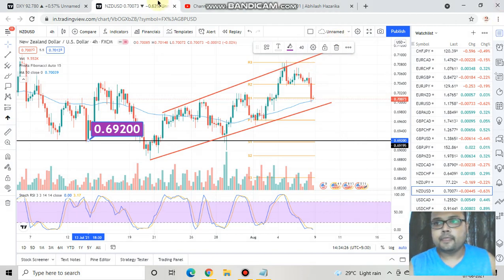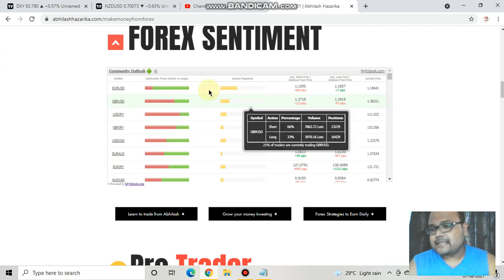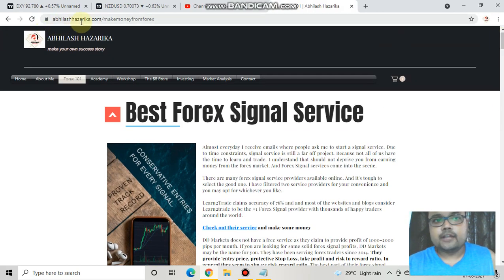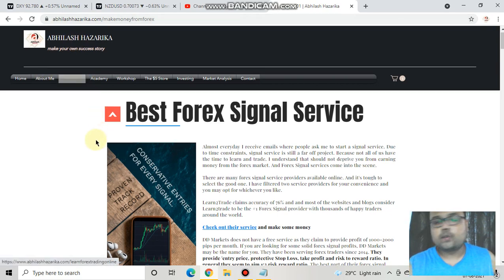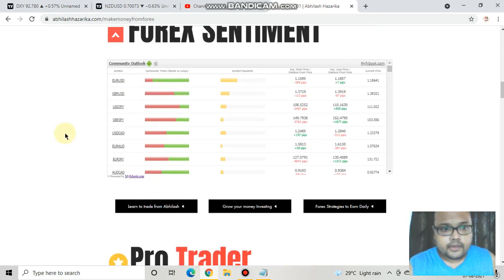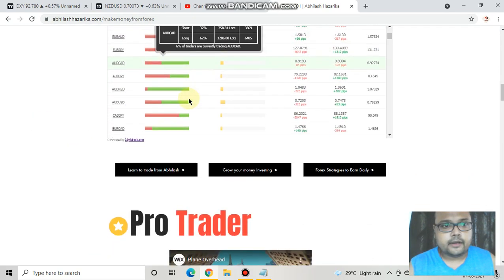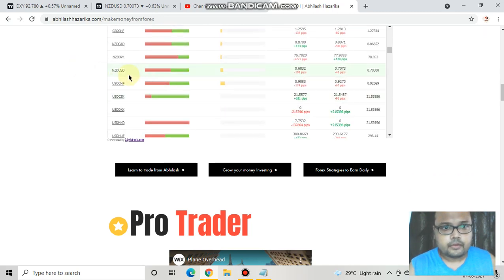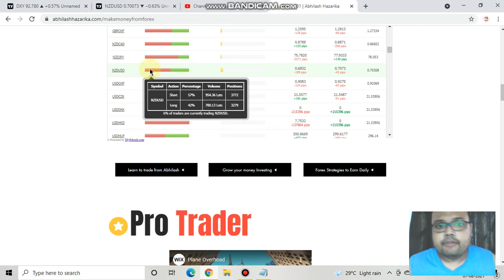Clear? And if we go to the Forex sentiment meter here, you'll find the Forex sentiment meter on my website avilashhazarika.com under the Forex 101 section. Let's find NZDUSD. See here, you can see that 57% of retail traders have taken a short position and 42% of retail traders have taken a long position.